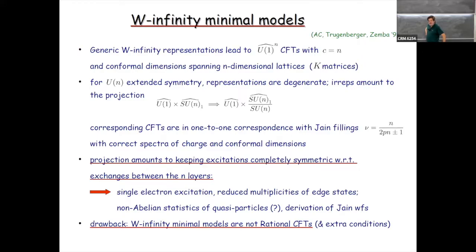The extended symmetry, could you repeat what that is? So you first have n copies of... Yes. And what do you mean by an extended symmetry? Because it depends on the lattice. Let me explain.